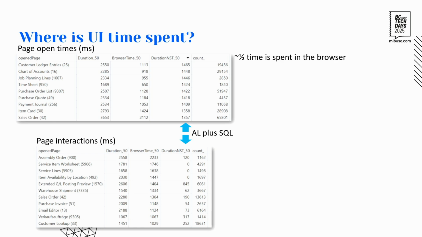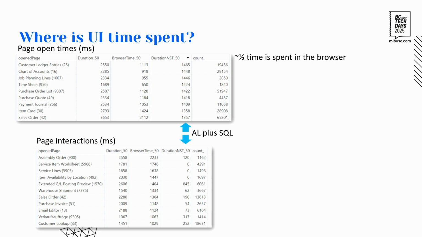And if I quickly, these numbers are not very important, just the guidelines. So these are some page opening times. You see customer ledger entries, chart of accounts. So these are some of the slow pages. And you see that these take maybe 2-3 seconds to open.